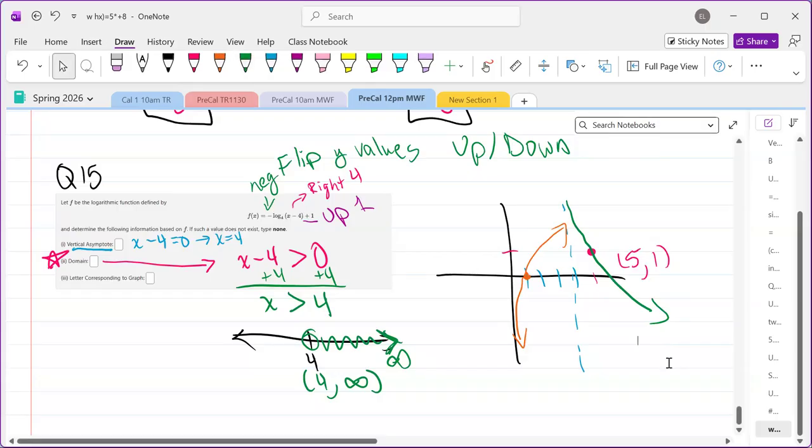Negative infinity for the y values, positive infinity for the x values. Yeah, for mine, the graph that matches is C. That's the only one that's going through the 5, 1 point. But all you have to worry about on this one for the test is just the domain. And I think this one is even multiple choice.